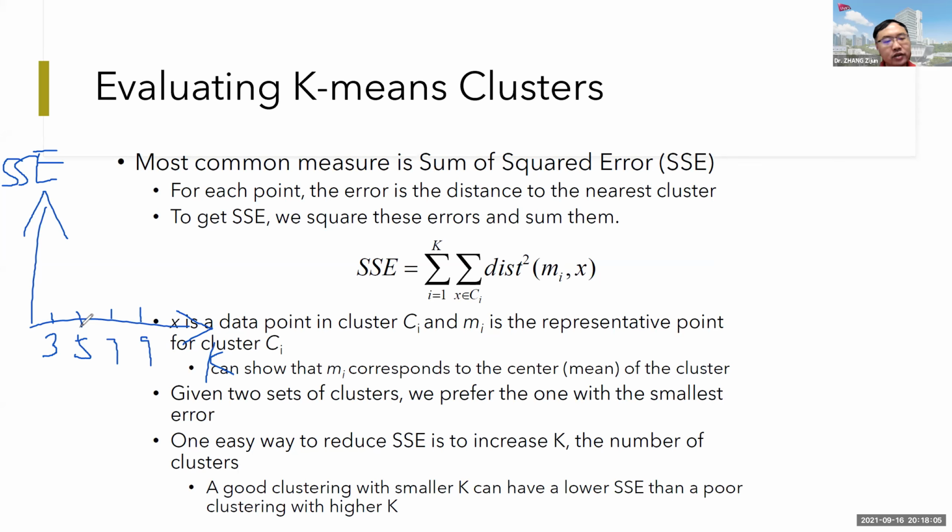Sorry, I just used odd numbers. Or you can use 2, 3, 4, 5, 6, 7, 8, 9. Assume you change K from 2 to 9. I omit 1 here.